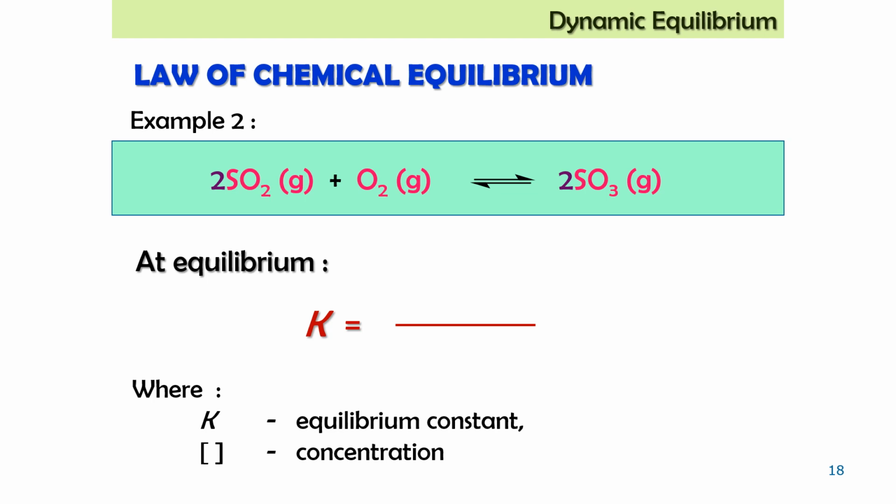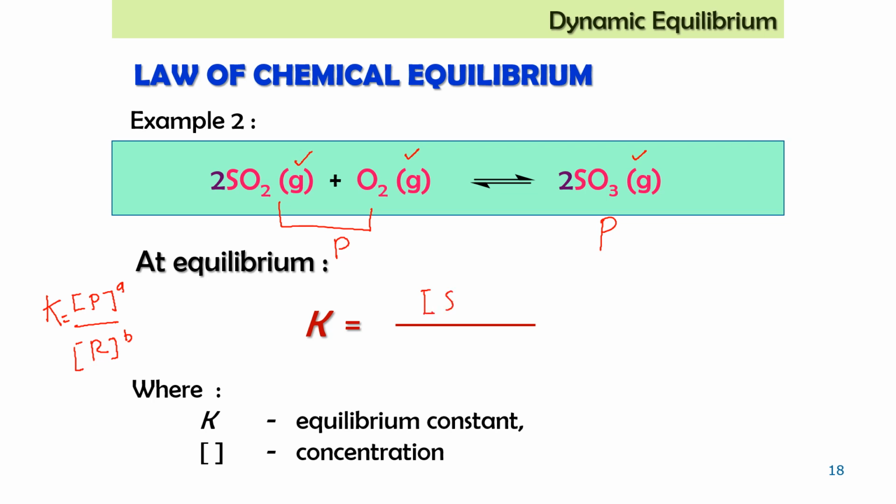And next example, this equation is already balanced, and then gas, gas and gas. So it means all of them can be written as concentration. Okay, so to find K, K is equal to concentration of product over reactant, to the power of its coefficient. Okay, so in this case you have only one product and two reactants.